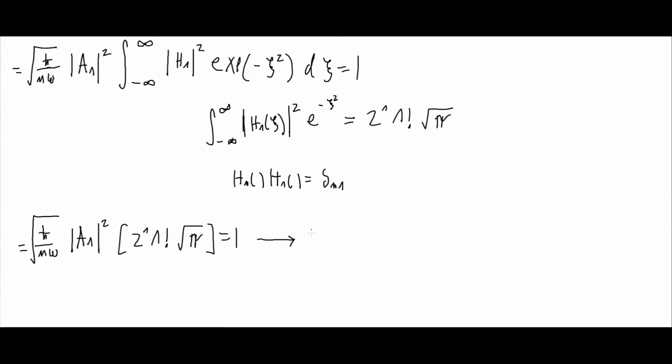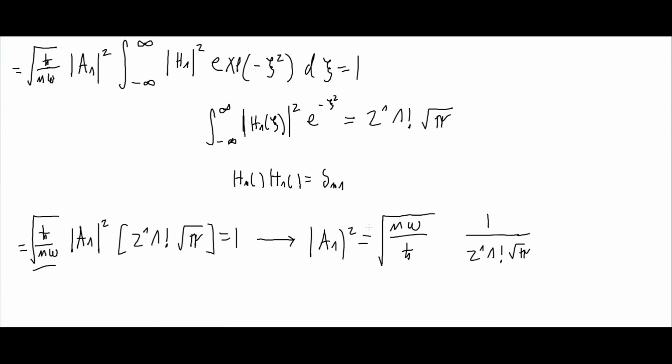So we end up with a sub n squared being equal to, so we just divide both sides by this right here, and so that flips over and becomes mass times angular frequency, still square root, but then now we are also putting this to the other side, so we have 1 over 2 to the n factorial times the square root of pi.